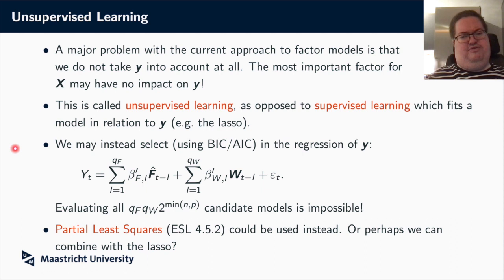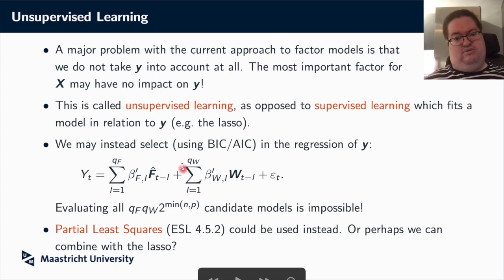Now, how could we address that in a factor setup? Well, one thing you could do is say, well, I'm going to put in a lot of factors. So I'm not just going to put in the factors that my scree plot picks up, but I'm going to put in a lot more factors. And maybe even all. Maybe I want to even put in all possible factors, which is the minimum of N and P. And maybe I also want to put lags of these factors, because who says that the lags could not also influence Y?